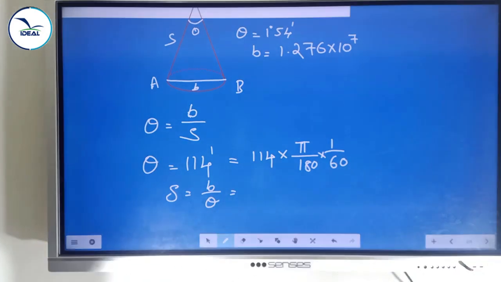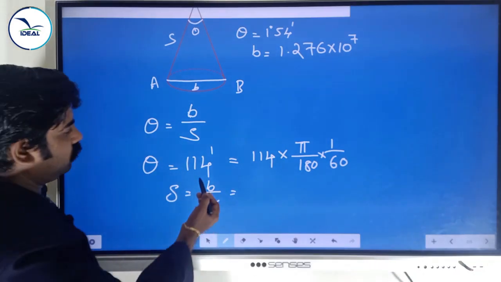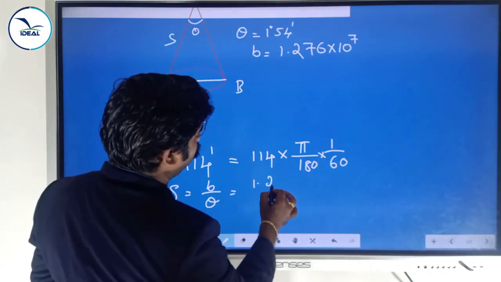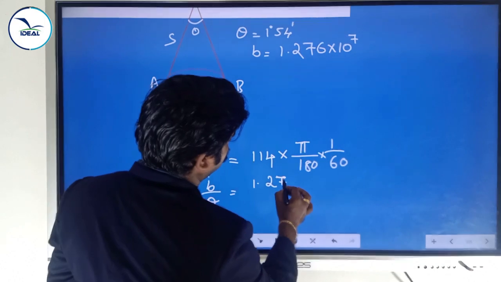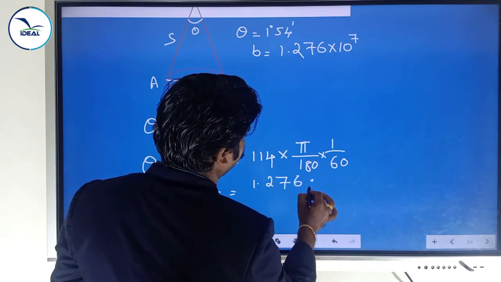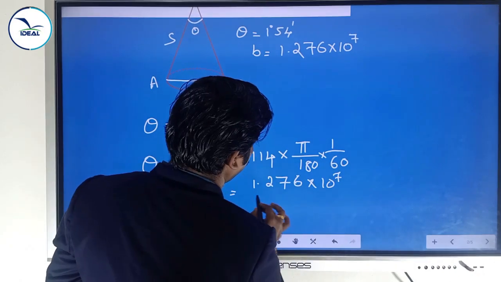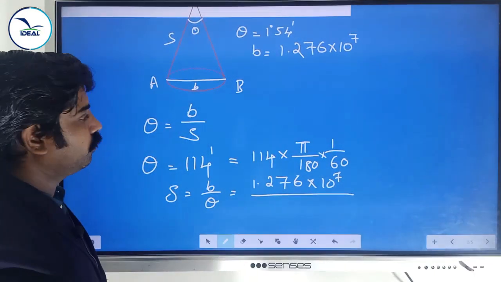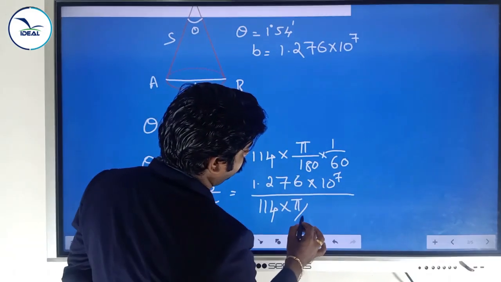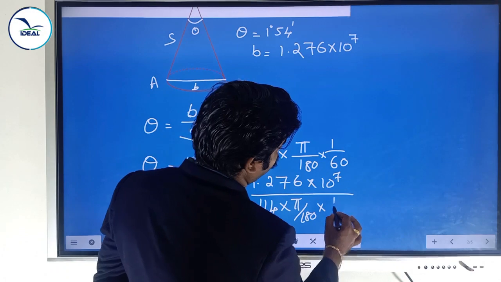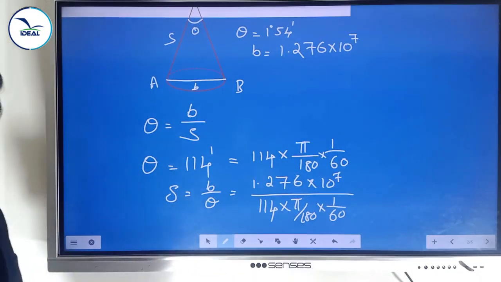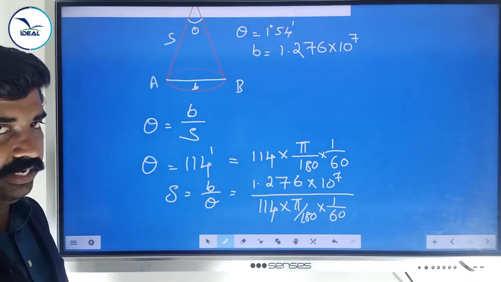So what we will get: 1.276 into 10 raised to 7 by 114 into pi by 180 into 1 by 60. Okay, you can solve that and you will get the answer.